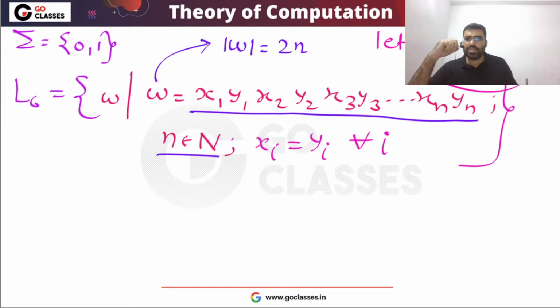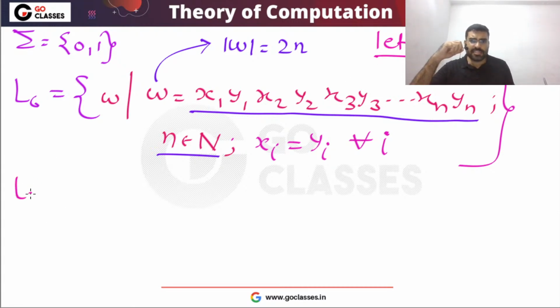The length of every string is 2n. If you don't make this assumption, there is also no problem, and you can still create the DFA. Now let me assume 0 is a natural number.